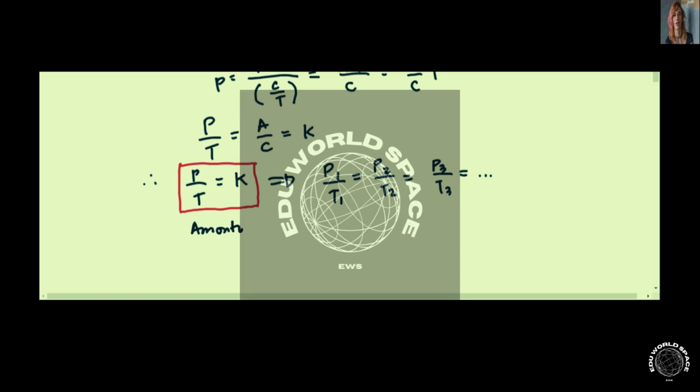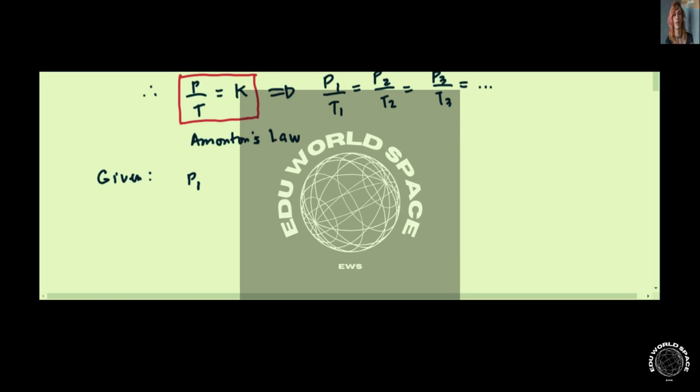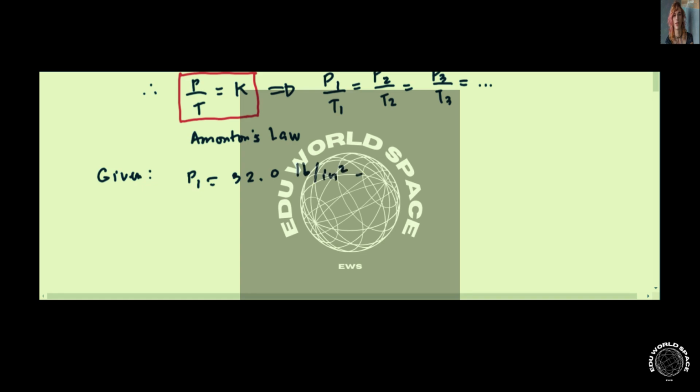So let us use this equation for a certain problem. We are given a gas at a certain pressure of 32.0 pounds per inch squared, or in simplest terms, 32 psi.